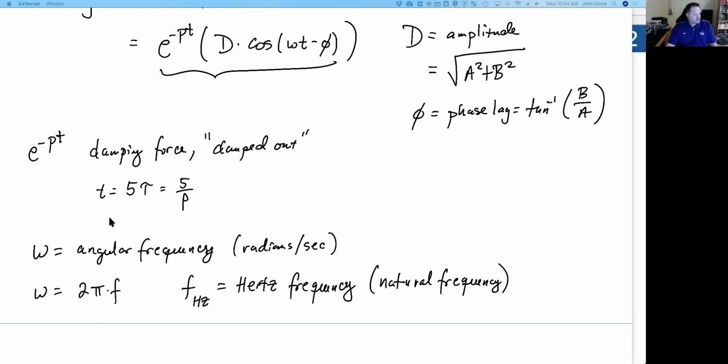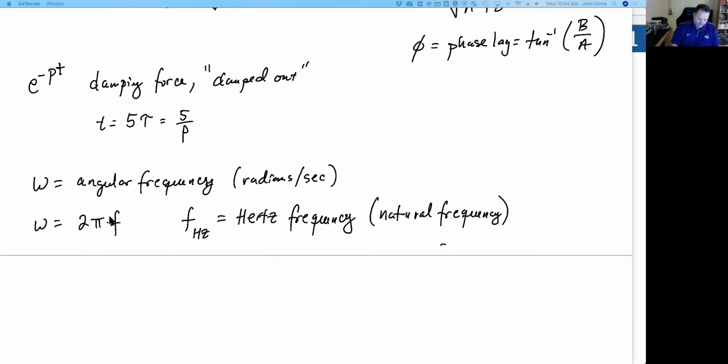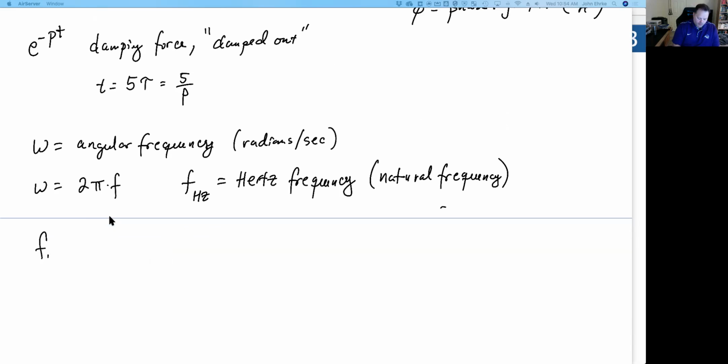If you think about what f is, or omega, in terms of radians per second, f would be omega divided by 2 pi. The units of omega are radians per second, but I'm dividing by 2 pi, which is clearly a radian measure, so the radians go away and I end up with inverse time.